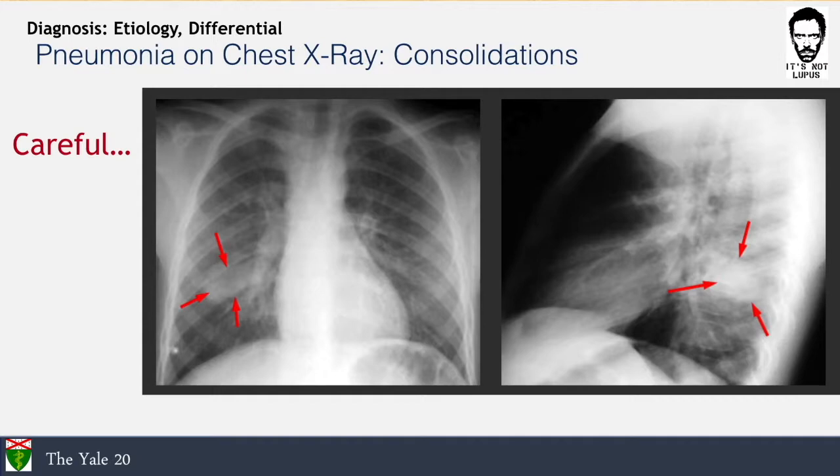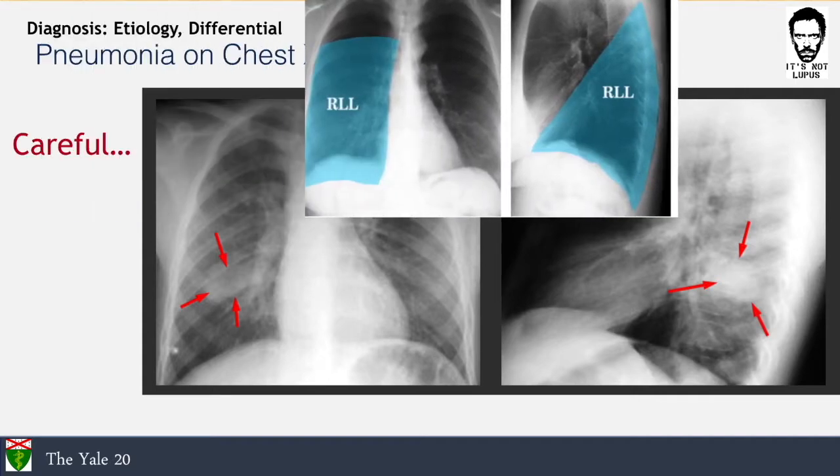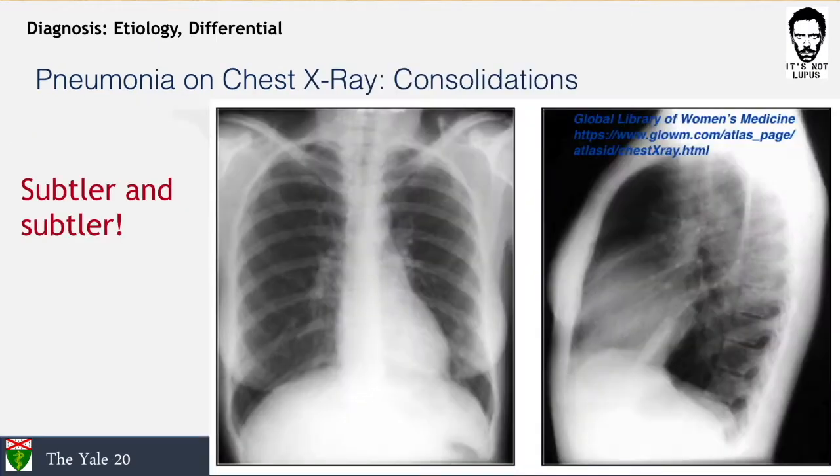Then you look at the lateral, and is that in the middle lobe territory or the lower lobe territory? Yeah, it's in the lower lobe territory, so maybe this is another segment. Right, there's our full area of the right lower lobe on those views. And so this is found in another segment, the posterior segment of the right lower lobe.